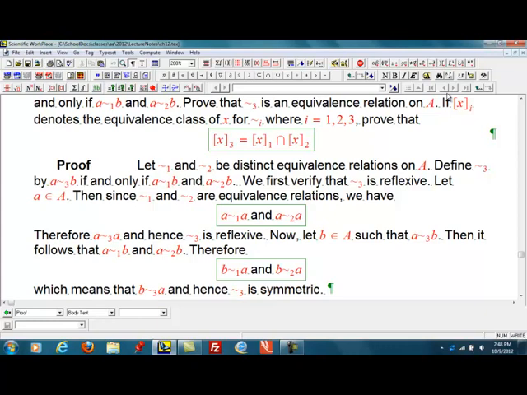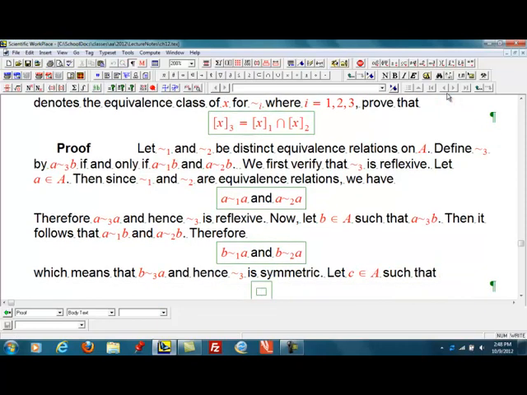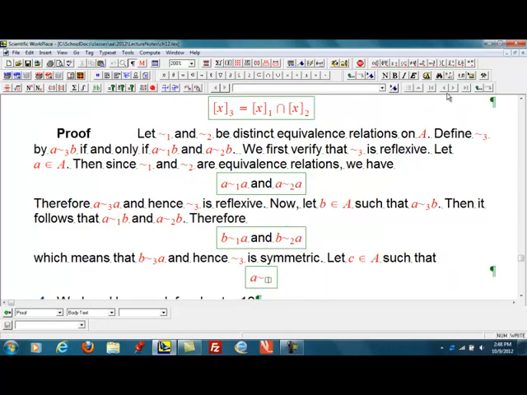Now we have to show it's transitive. So let C be an element of A, such that we're going to assume A is 3 equivalent to B, and B is 3 equivalent to C. What do we know then?